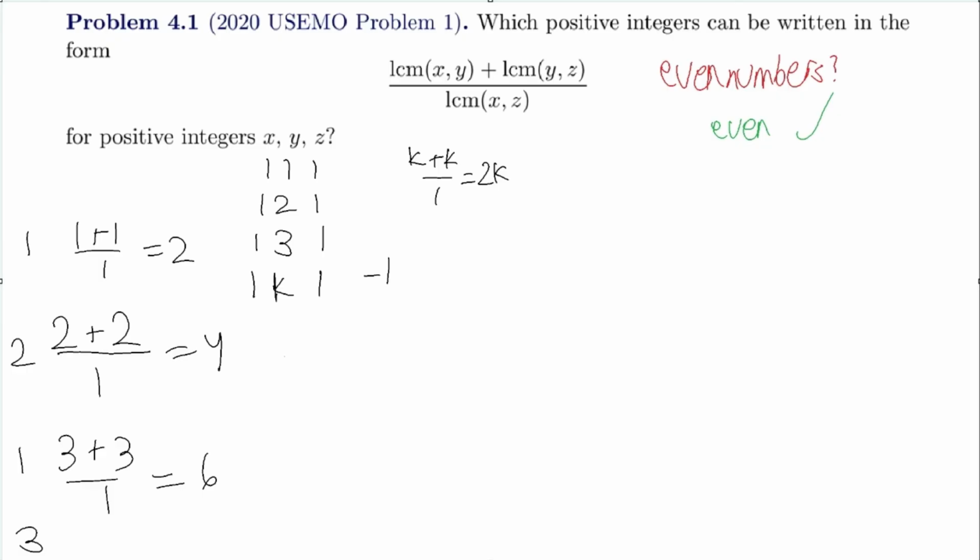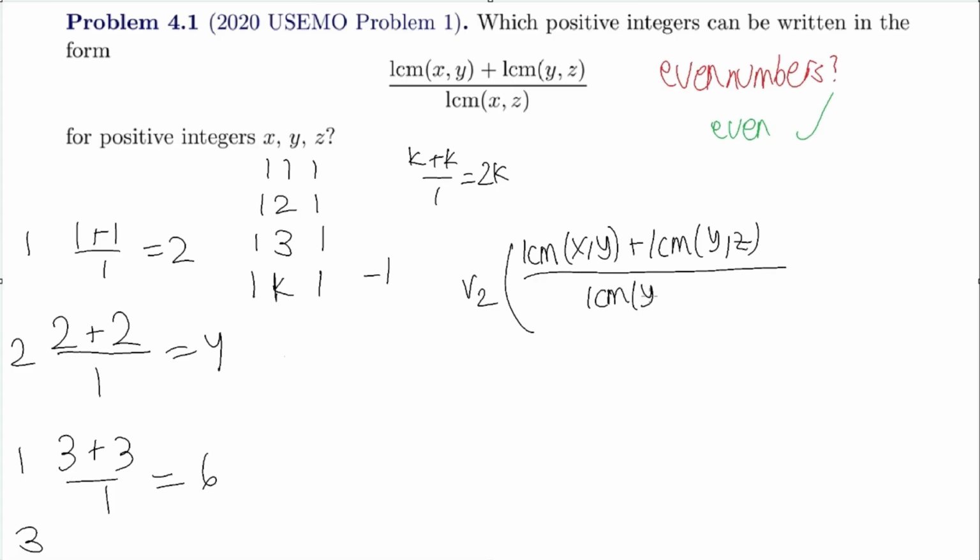So therefore, we would really like to show that nu2 of LCM of xy plus LCM of yz all over LCM of yz of xz is never equal to 0. Because if it's never equal to 0, that means that we can never construct the odd numbers.